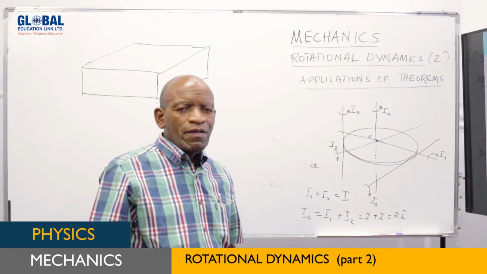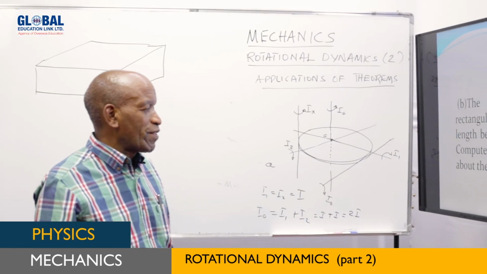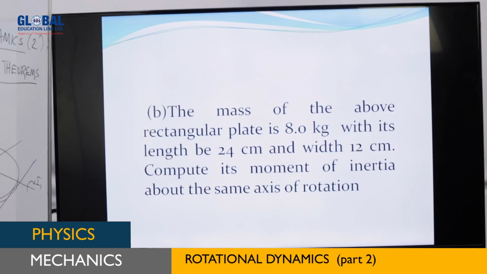This is A. Okay, part B of the same question for your homework. The mass of the above rectangular plate now is 8 kilogram, with its length being 24 centimeter and the width of 12 centimeter. Now compute its moment of inertia about the same axis of rotation.